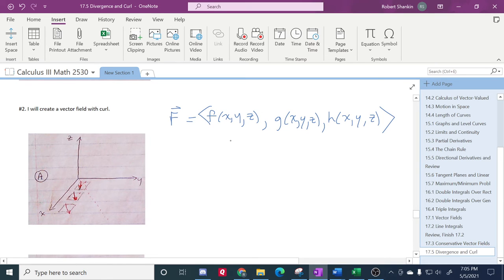Right. And we're going to have f such that the partial of g with respect to x is going to be positive.